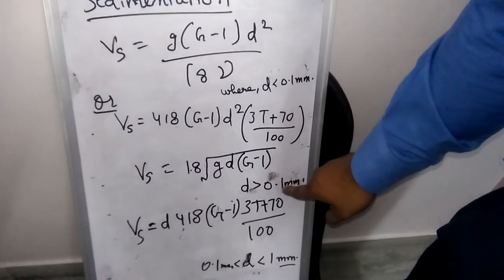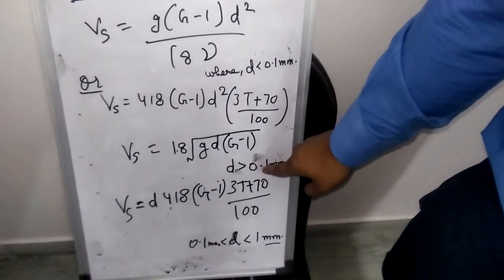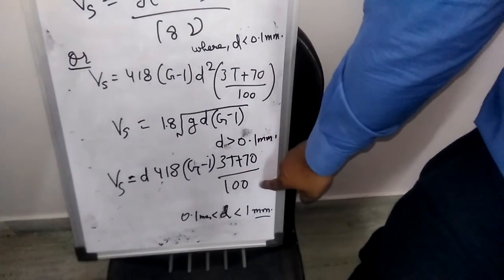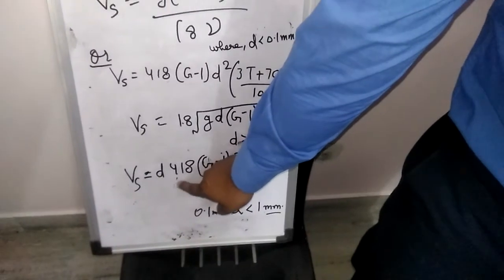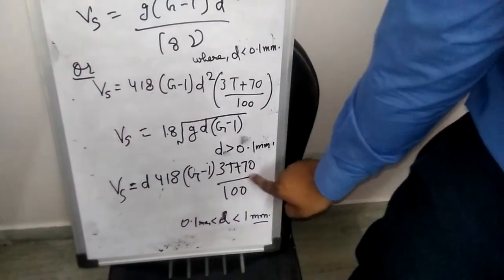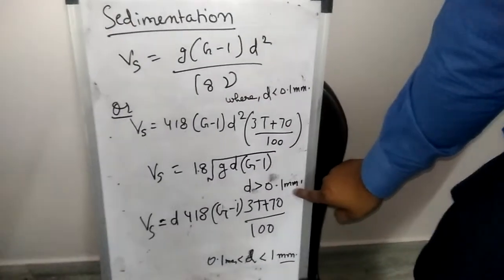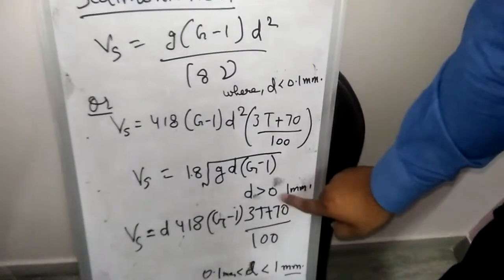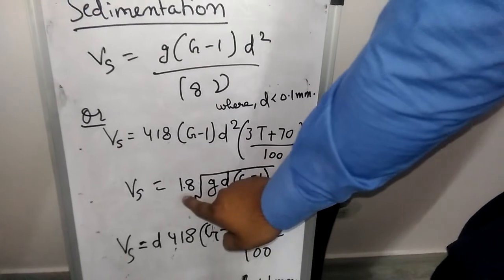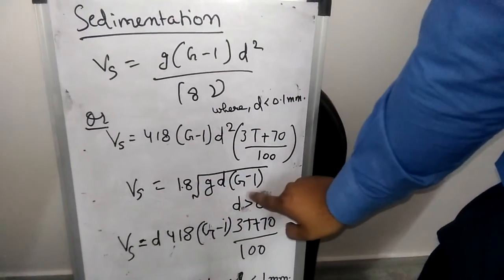But when d is greater than 0.1 and less than 1, we use this equation, which is 418d(G minus 1)(3T plus 70)/100. When d is greater than 1 mm, sorry, this is not 0.1, it's 1 mm, we use 1.8 root gd(G minus 1). So this is the equation of settling velocity.